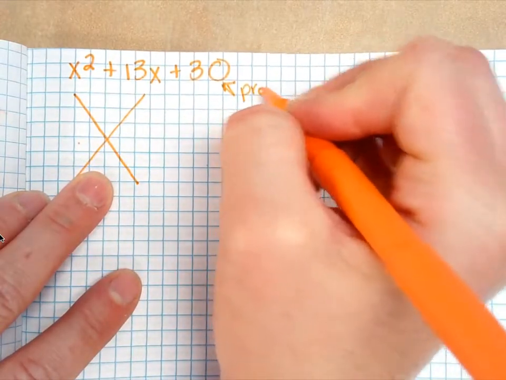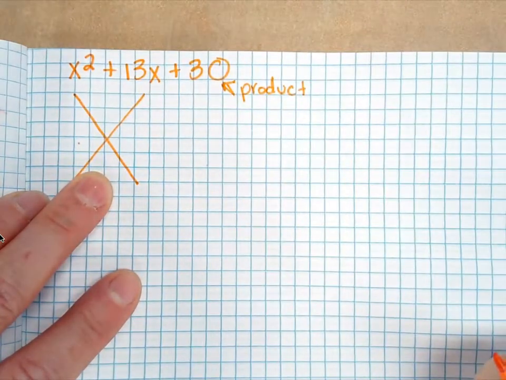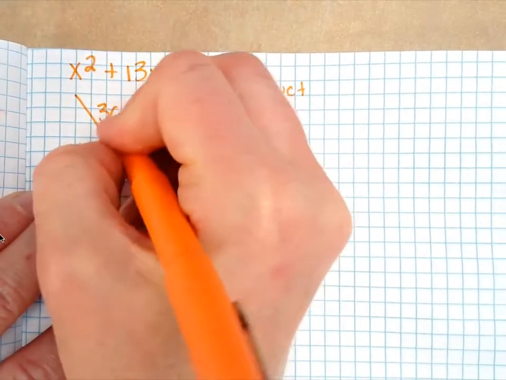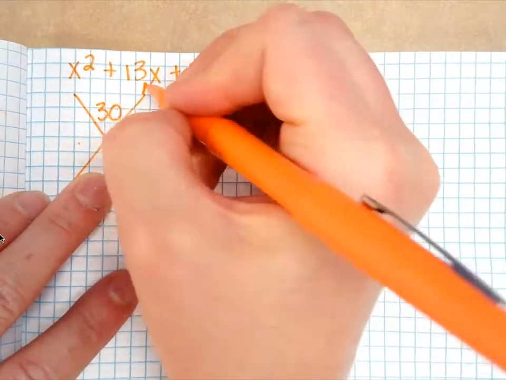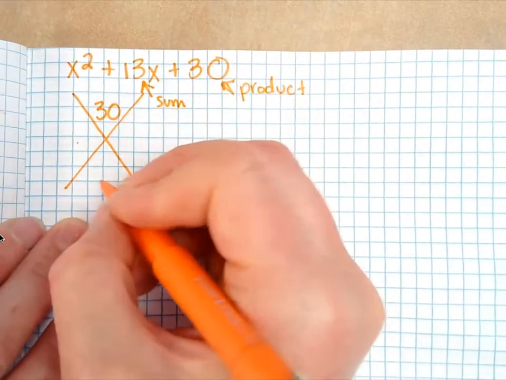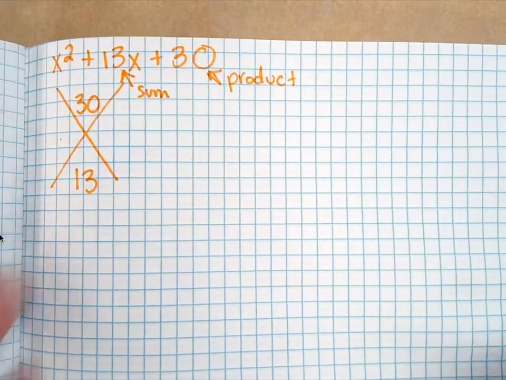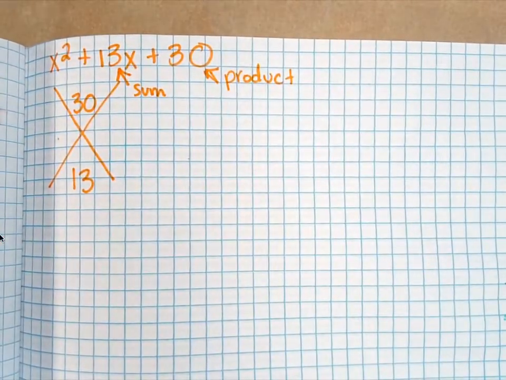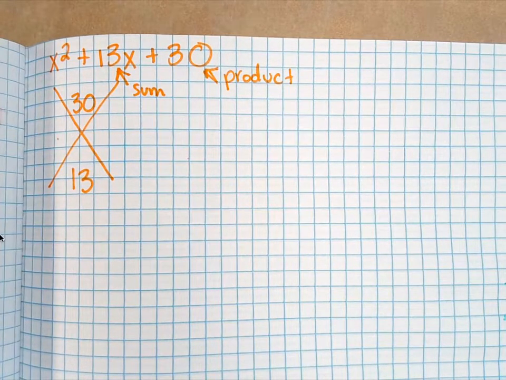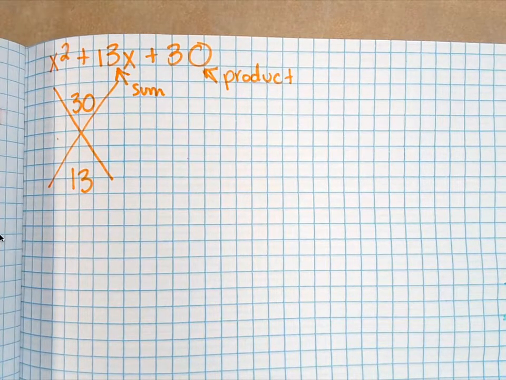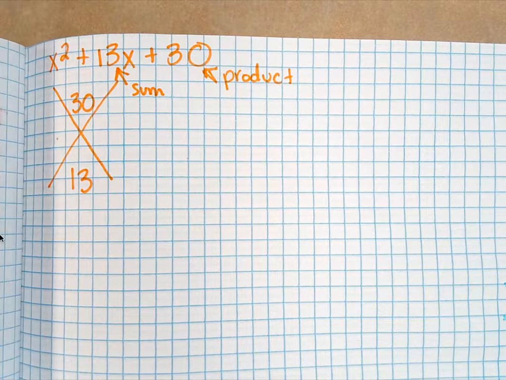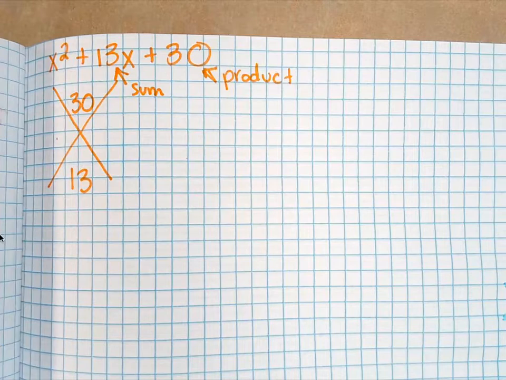This is your product, so that goes on top. The sum is the middle term. That goes on bottom. We have already done this one. So to get 30, what would you multiply by? 10 times 3. And what is 10 plus 3? That's it.